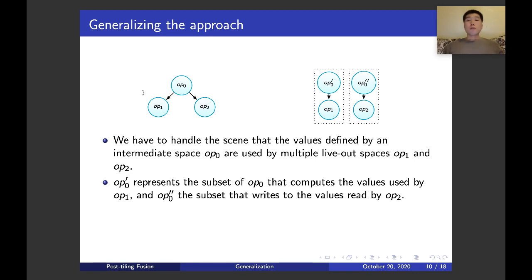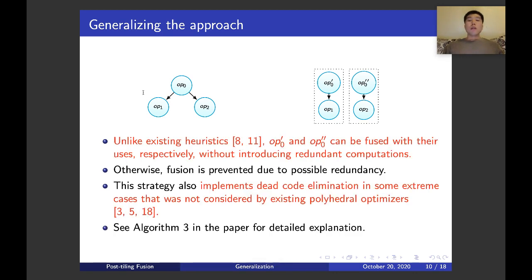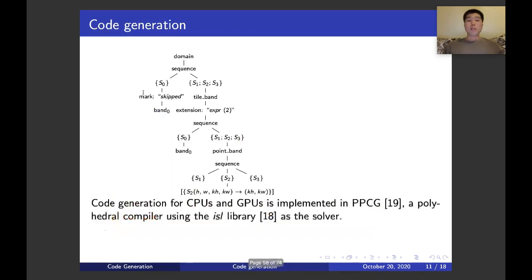When these two subsets do not intersect with each other, they can be fused safely to their uses respectively without introducing redundant computations. Otherwise, the fusion should be prevented. Note that this strategy can also implement dead code elimination in some extreme cases.